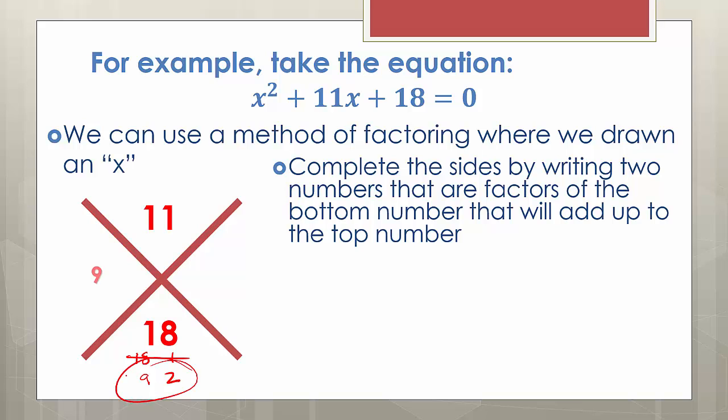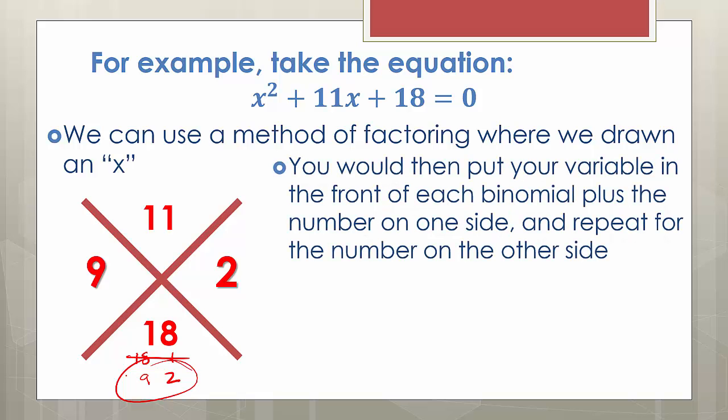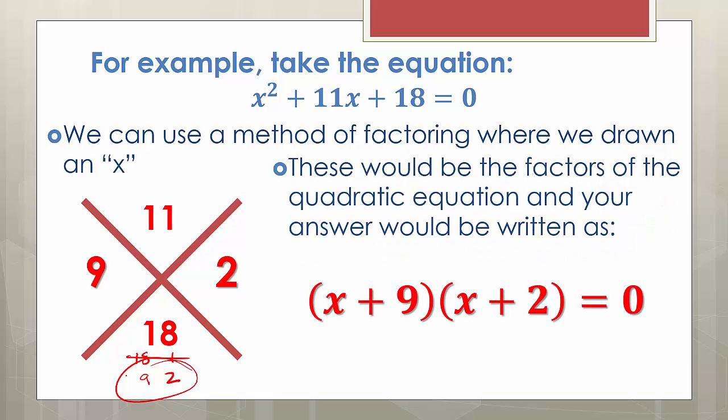So we have our winner, 9 and 2, and we write the variable in front of the numbers, so it would look like x plus 9 and x plus 2. Bear in mind that if you had a negative sign in front of one of those numbers, it would be x minus, not x plus.